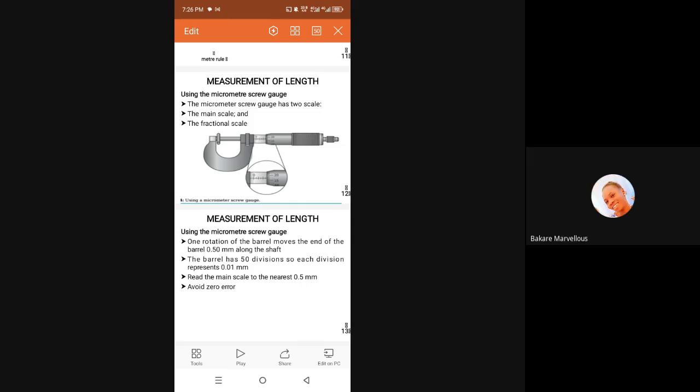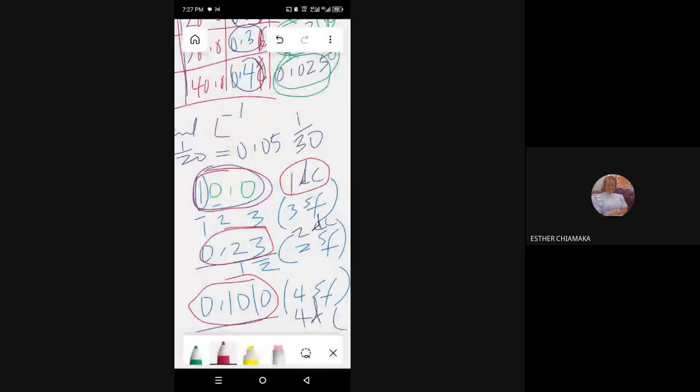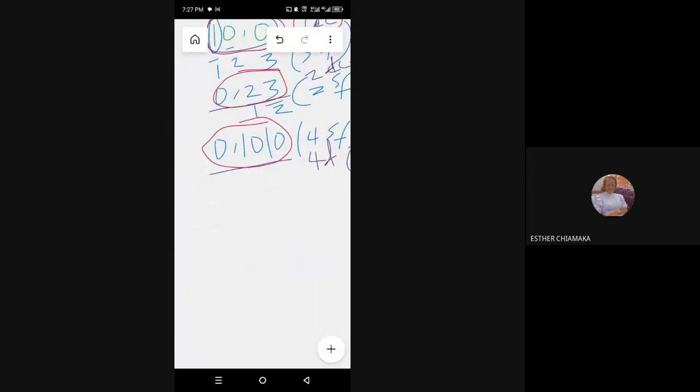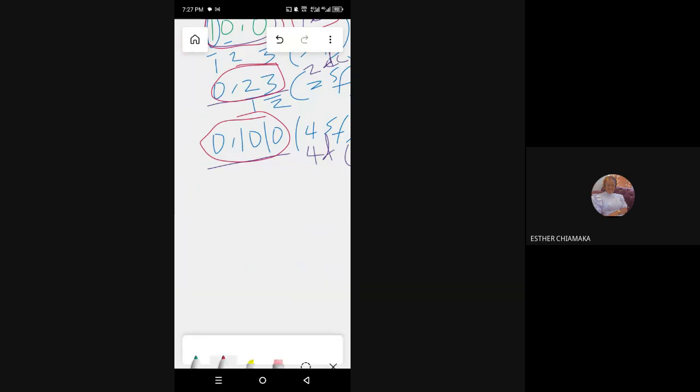Do you have your calculator there? 0.01 divided by 10 is what? 0.001. Good.